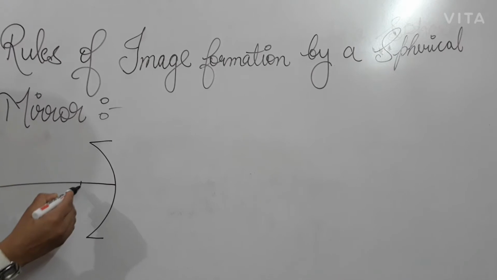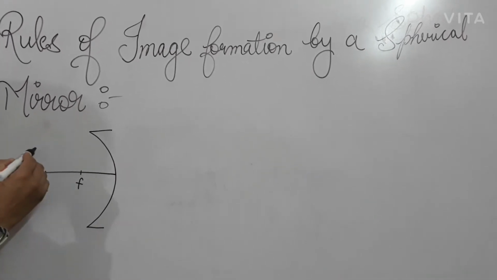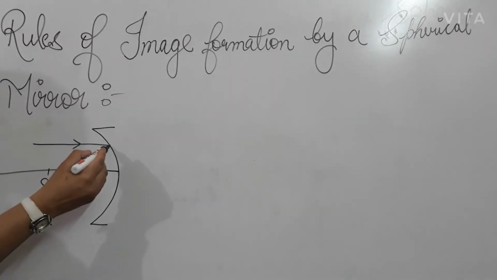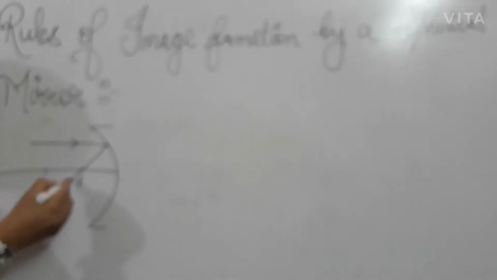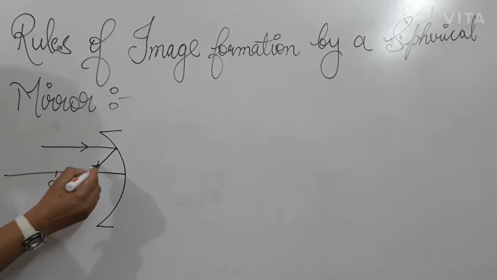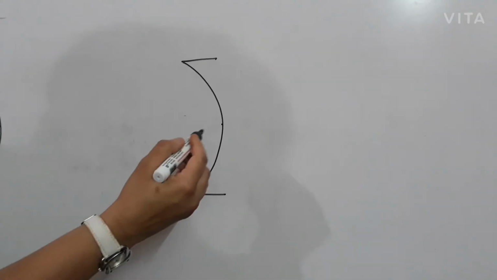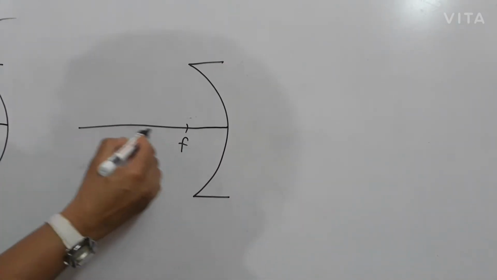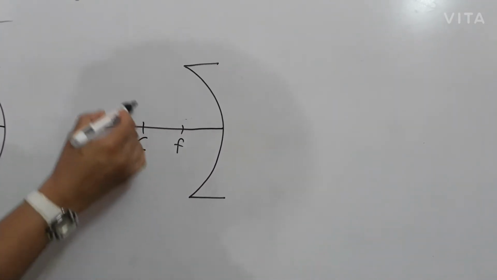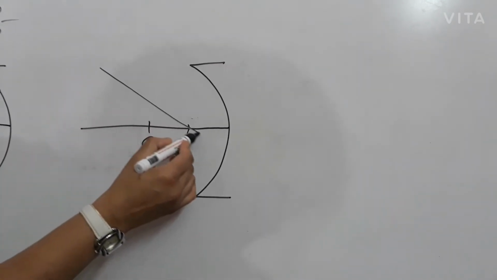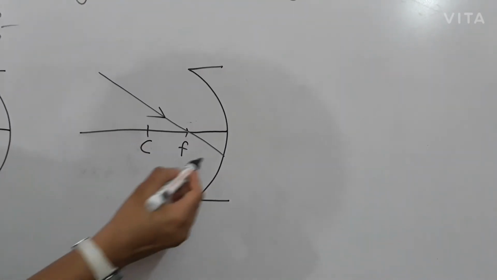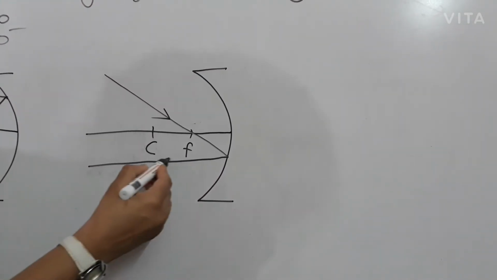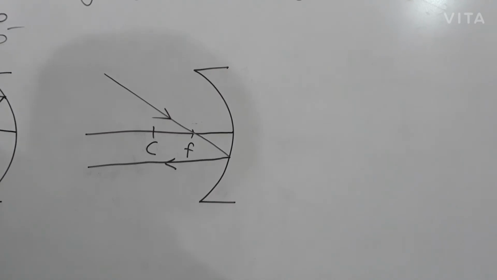When rays fall parallel to the principal axis on the mirror, they always reflect and pass through the principal focus. The second rule is when the light falls on the focus point, it always reflects and passes parallel to the principal axis. This is the second rule.